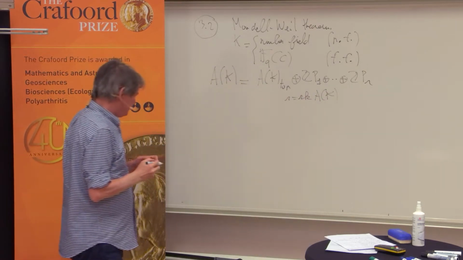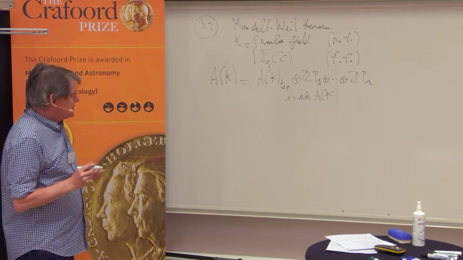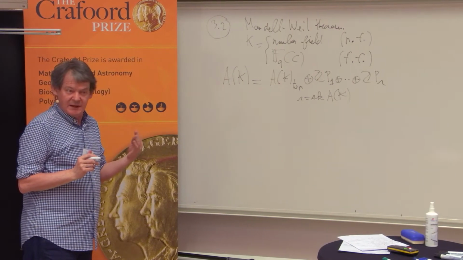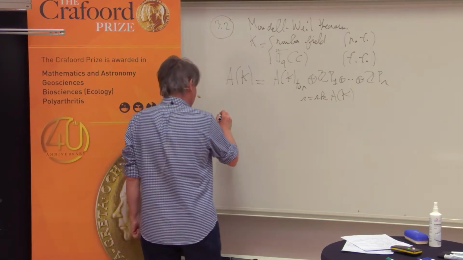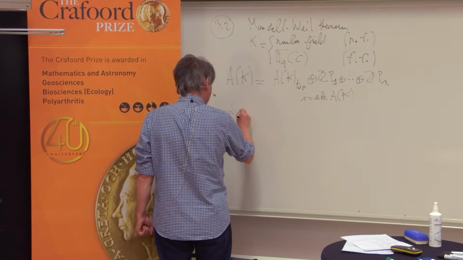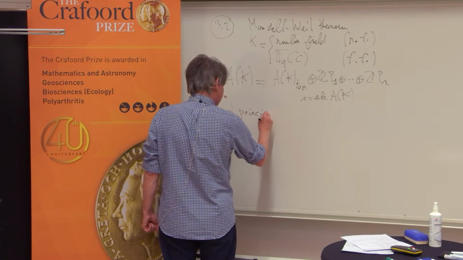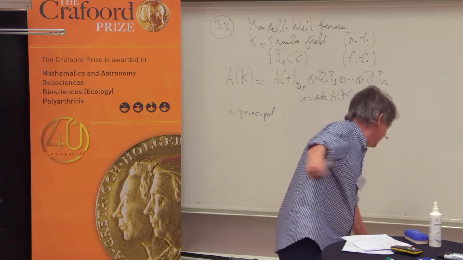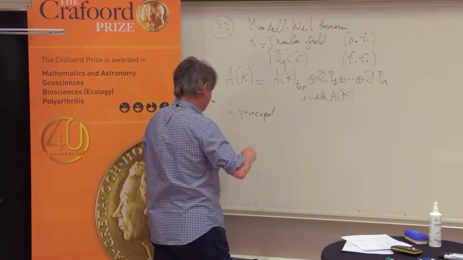of this group. Well, there is naturally a canonical height on this. To simplify, I will assume that I'm given a principal polarization.